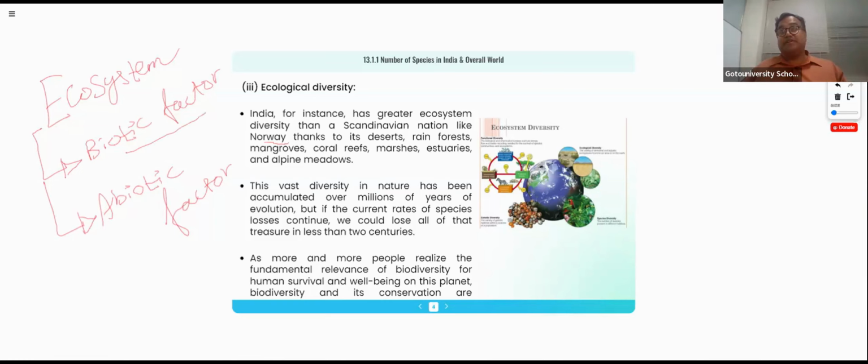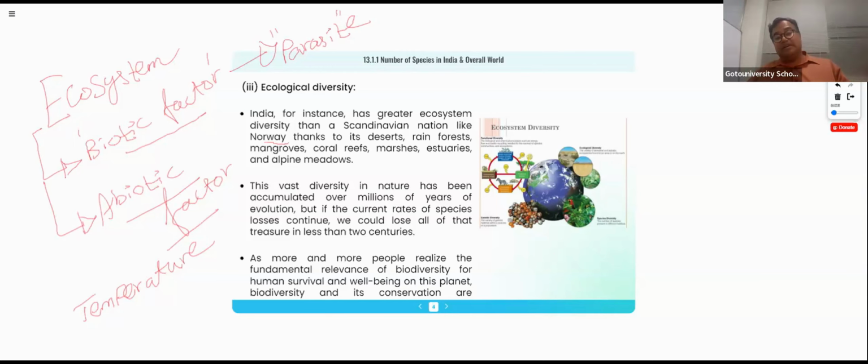Biotic factors are living factors, and abiotic factors are, for example, temperature, and even water quality is an abiotic factor. In the case of biotic factors, the living species I told you might be a competitor, a parasite, or a saprophyte, right? These many species I am bringing under the biotic factors category.